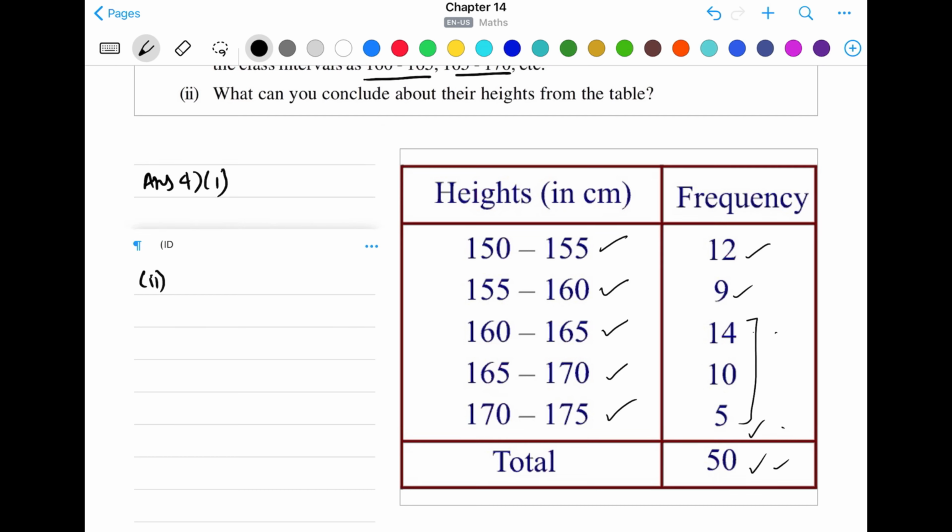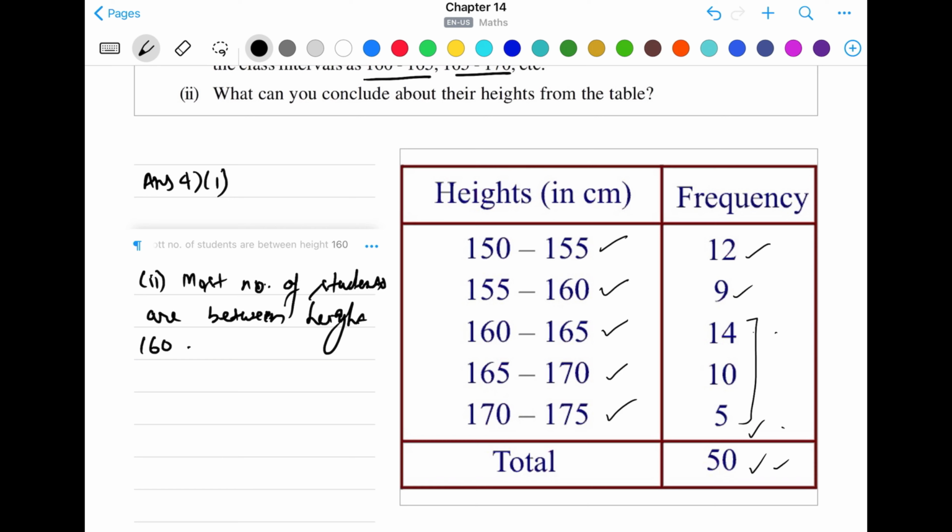So the answer for the second part is, one conclusion is that the most number of students are of height between 160 to 165 centimeters.